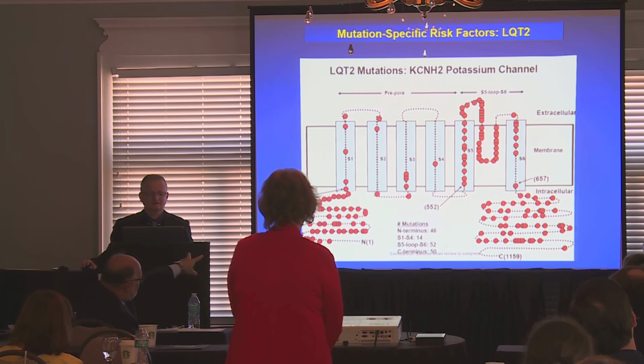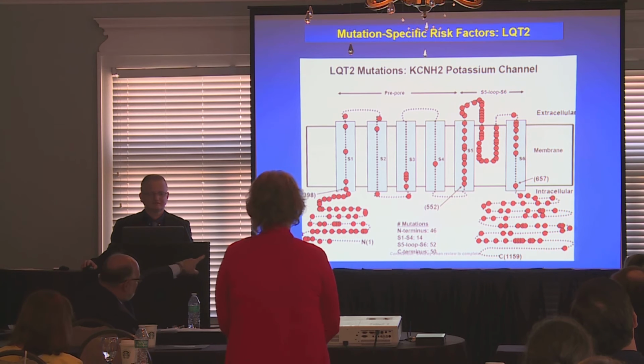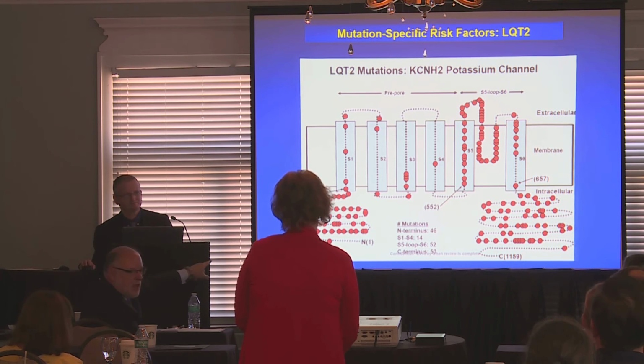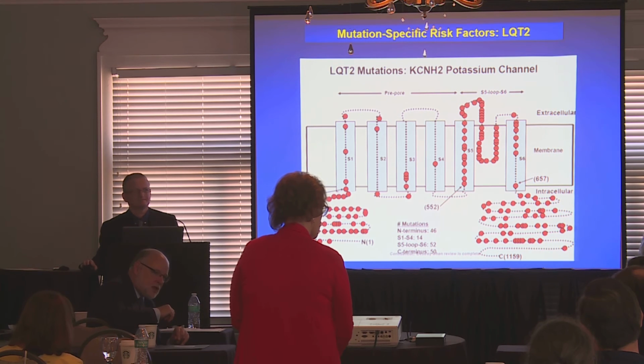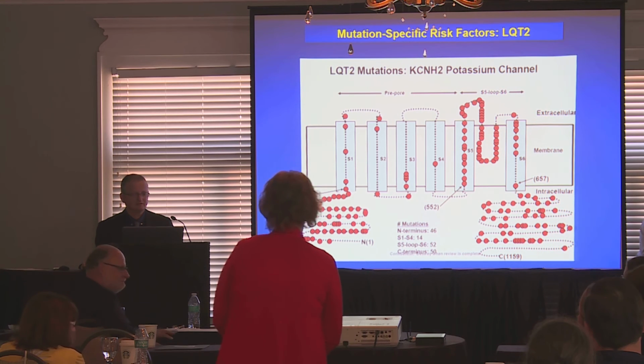These are domains, six domains going from S1 to S6, and the one which passes the potassium ions is between S5 and S6. He pointed out 552, which is pretty much the beginning of this region, up to 657, which is the end of the region. And you can look at the number in your test and see whether it falls between 550 and 650.